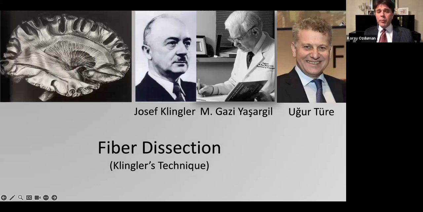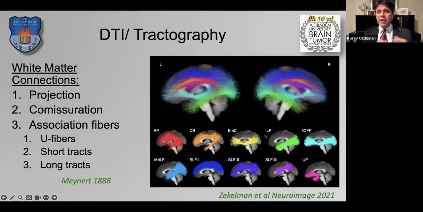So today, with the help of this fiber dissection technique, we know the white matter connections of the brain in much, much more detail. From Meynert before, in the 19th century, we had known that there were three types of them. Projection fibers that are connecting the cortical parts to the parts below. Commissural fibers connecting the two hemispheres, left and right.